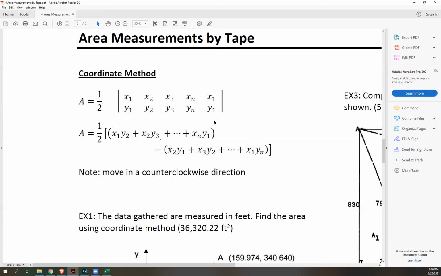Okay, so you may write your set of points this way. x1, y1, the first point, x2, y2, second point, x3, y3, third point, and so on. Okay, and then it's just being multiplied this way, x1, y2, x2, y3, and then minus this way, x2, y1, x3, y2. Okay, you can do that. Or to save time, you can just look at your drawing. And again, it's always counterclockwise direction.